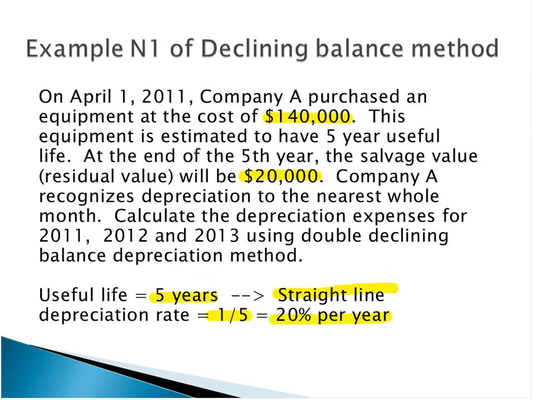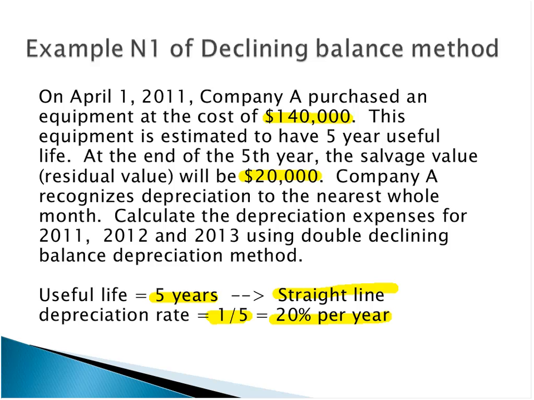We are going to use the equipment for 5 years. 1 divided by 5 will be 0.2, right? Just multiply by 100, you will get the percentage, 20%.